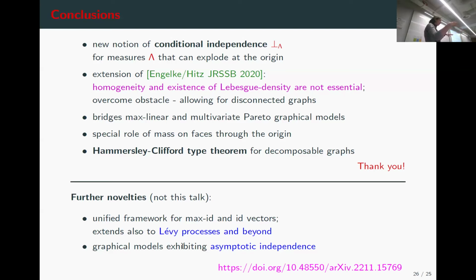And it seems to really work very well that even with the probabilistic notion of the Lévy process, if you have a multivariate Lévy process, the conditional independence decomposes exactly in this way. That's also another thing that's forthcoming. I think they're going to publish that soon as a preprint.